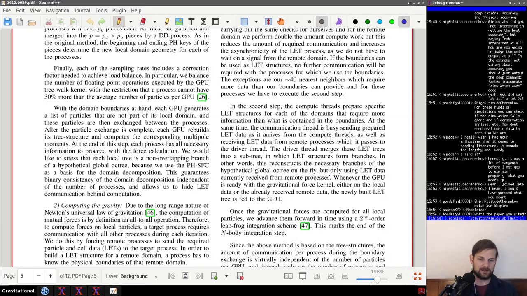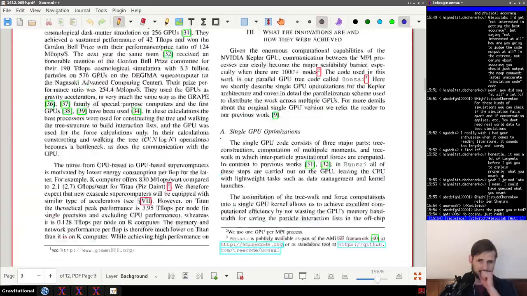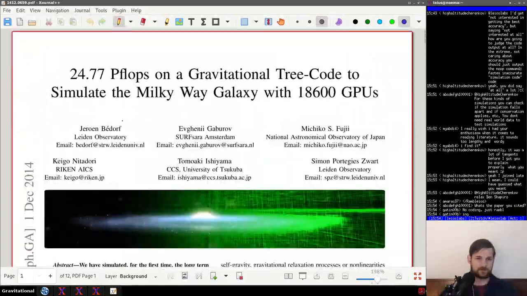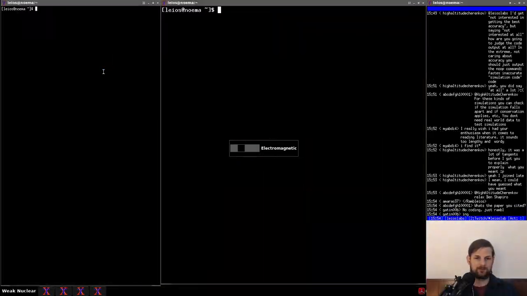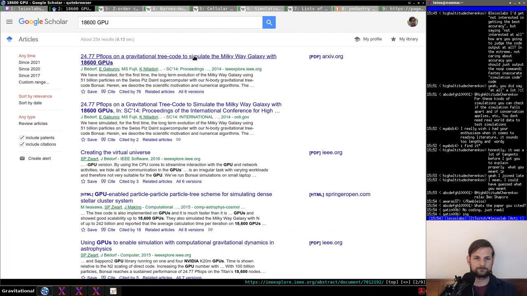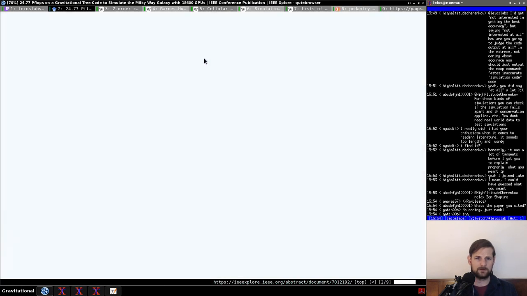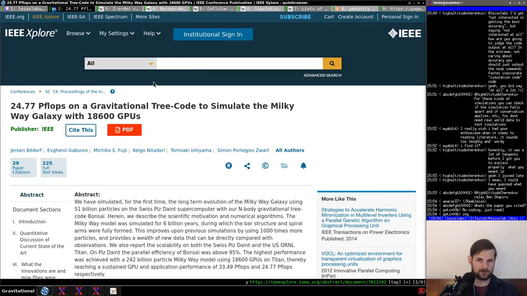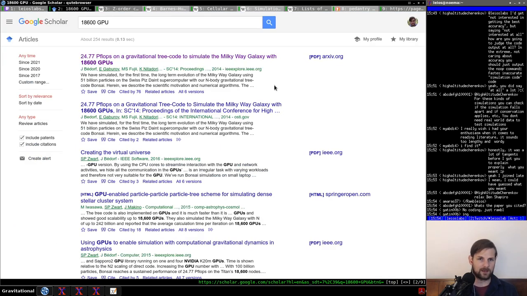The paper I was just looking at here is, one second. Is this one 2.24.77 petaflop? Let me give you a link here. I think if I click here, it'll give it to you. Yeah, that should work, but I want to give you the archive link if I can. Where is the archive link? Is this the archive link?